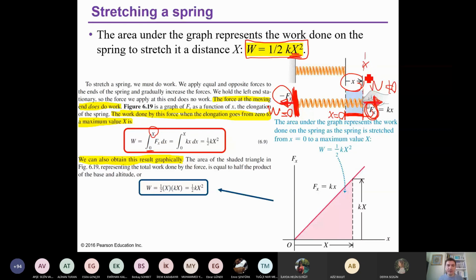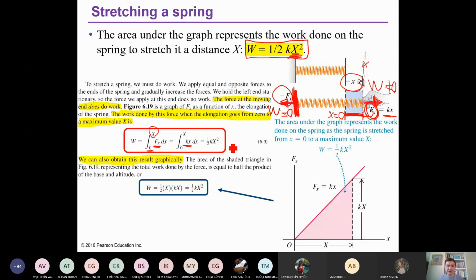Okay, then instead of Fx, just use here kx, the applied force. And k is constant, take this k out, and if you solve this integral, you will get this expression.